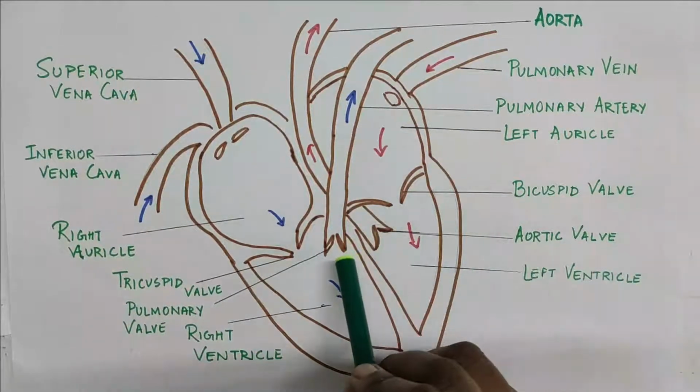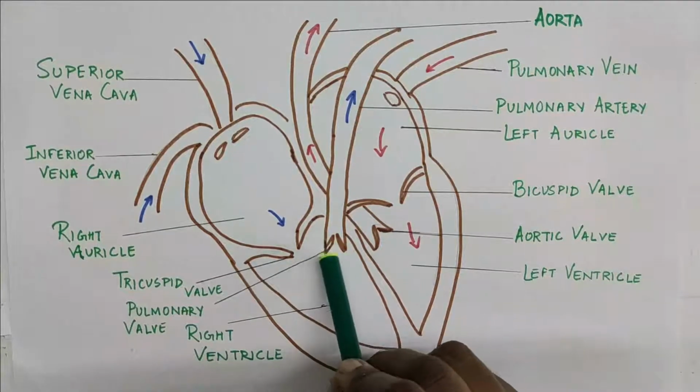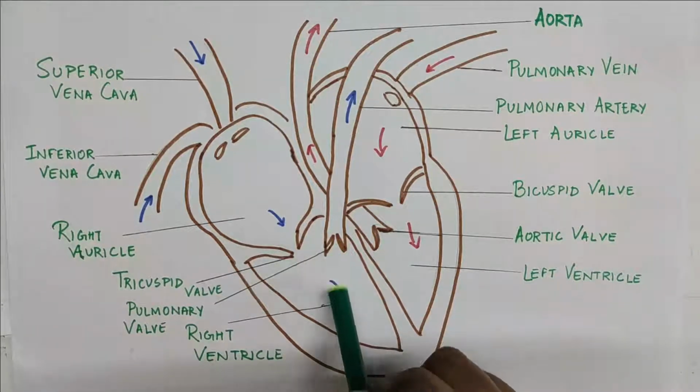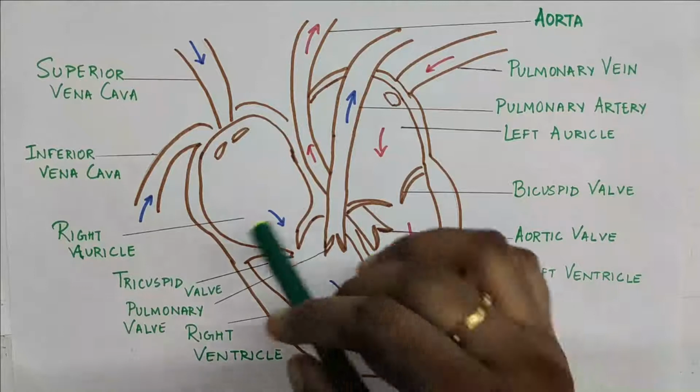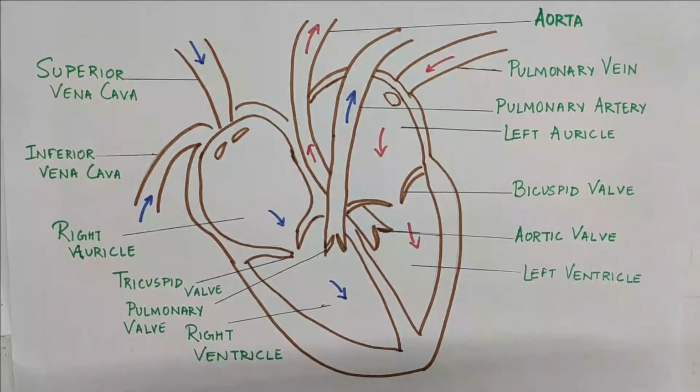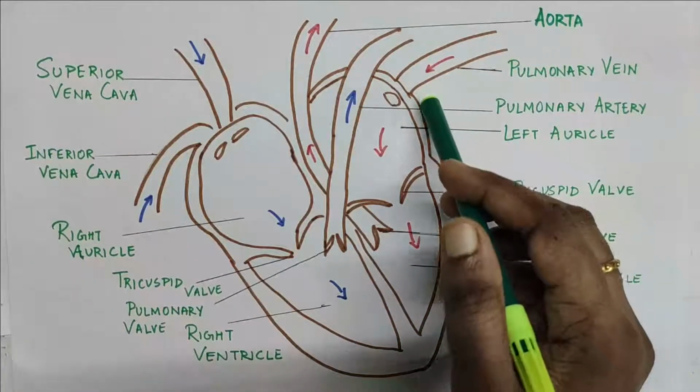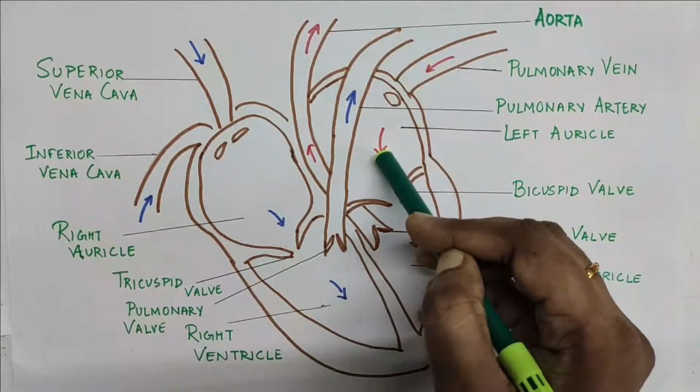In front of this pulmonary artery, at the beginning, there is a pulmonary valve, which allows flow of blood from the right ventricle to the pulmonary artery. After it goes to the lungs, as I told you, it gets pure air, oxygen is mixed in the blood, and that oxygenated blood comes back through the pulmonary vein into the left auricle.